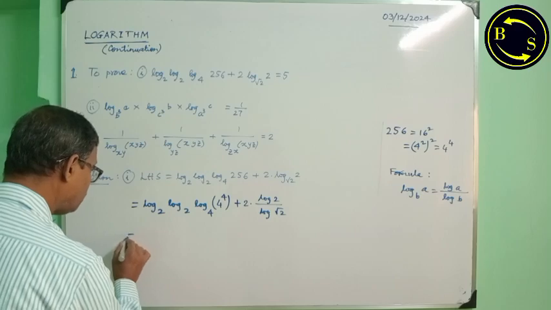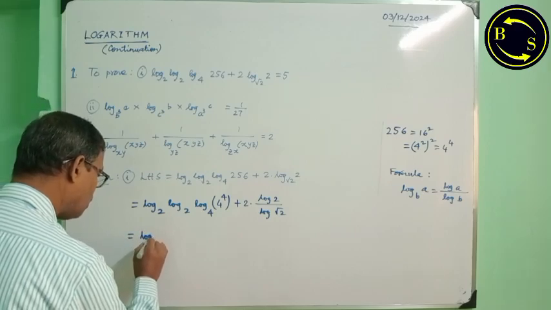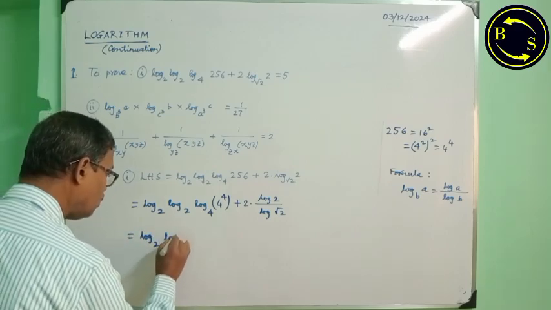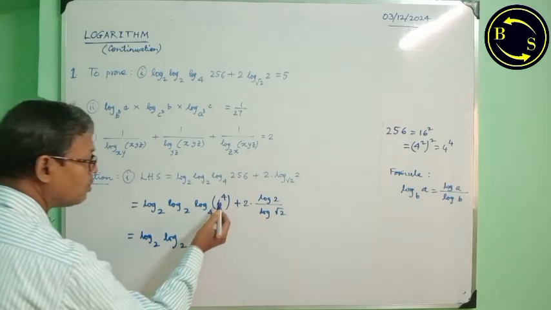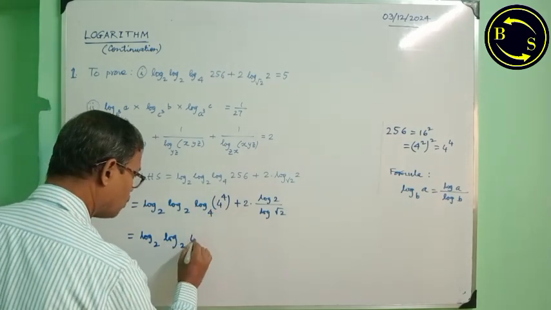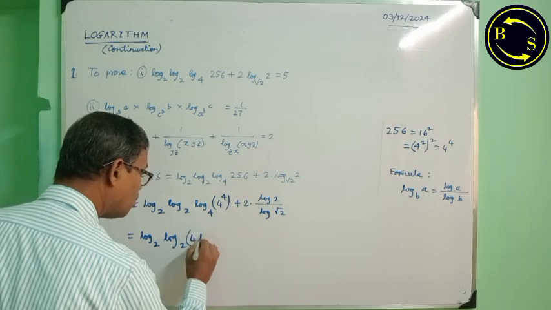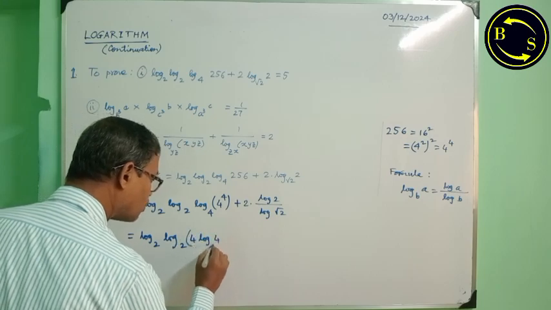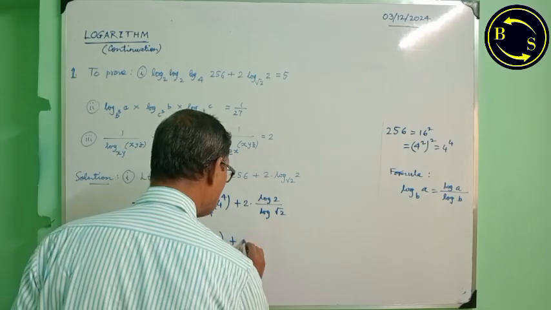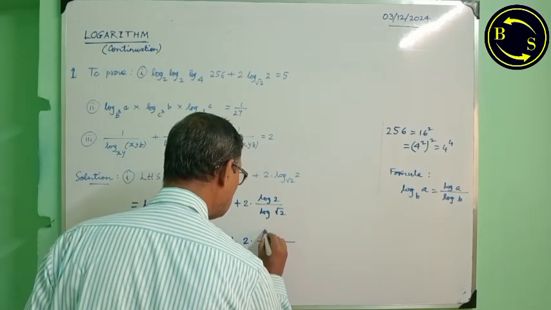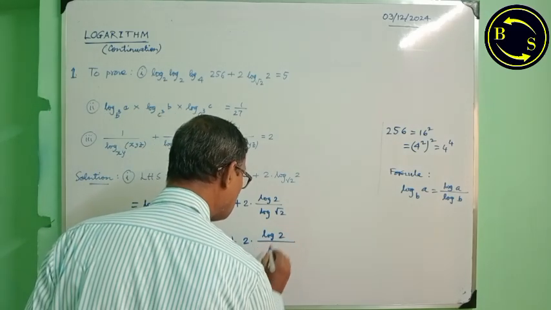Then log base 2. Now in power form, 4 log of 4 to the base 4 plus 2 into log 2.